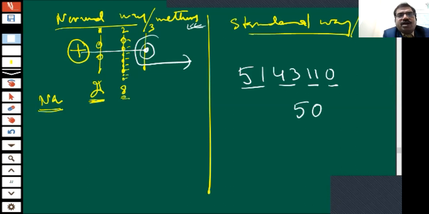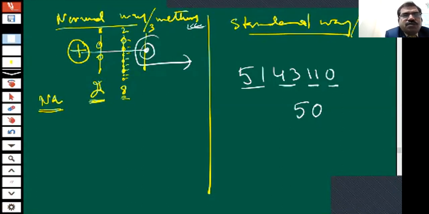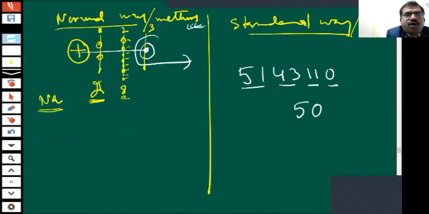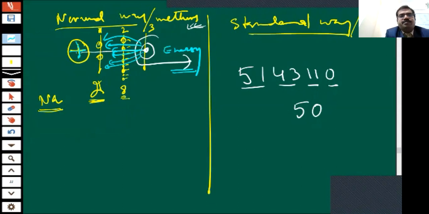But we can't remove the electron so easily because this electron has negative charge and the nucleus is positively charged. So it is pulling this electron, children. It is not so easy a task to remove this electron. It is pulled by this nucleus. So we require some energy.